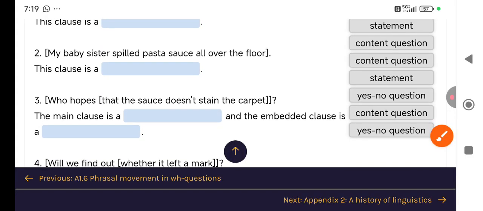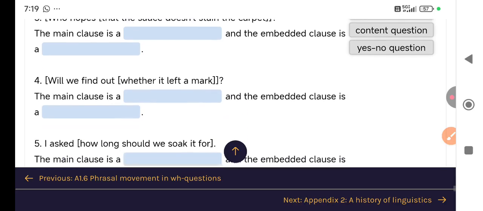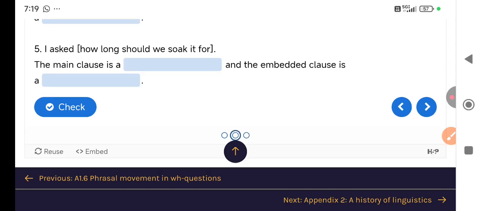My baby sister spilled pasta sauce all over the floor. Simple sentence, statement, right? Content question? This clause is a... okay, so they are giving options. You just read out and check the answer.